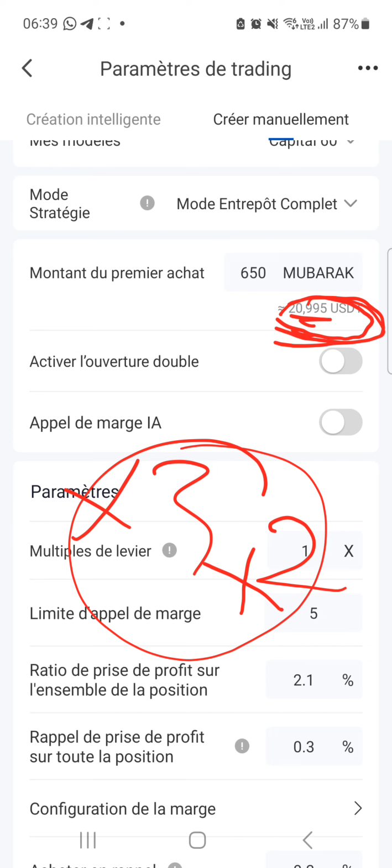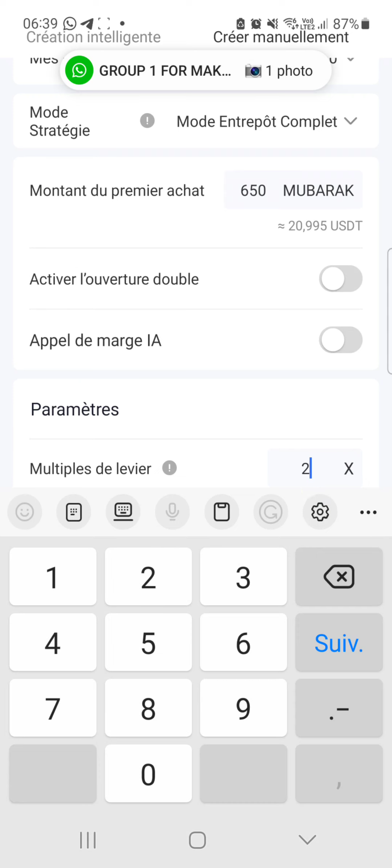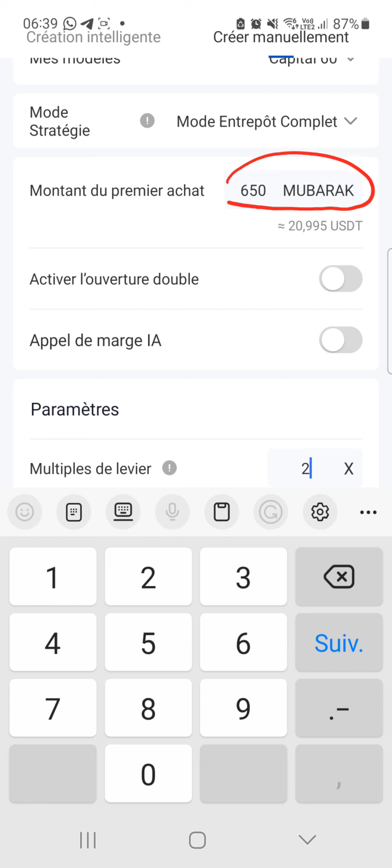So if the leverage is times 2 or times 3, once I put the leverage times 3 here, then I have to multiply these 650 pieces that give me $20. So I will put 650 times 3.